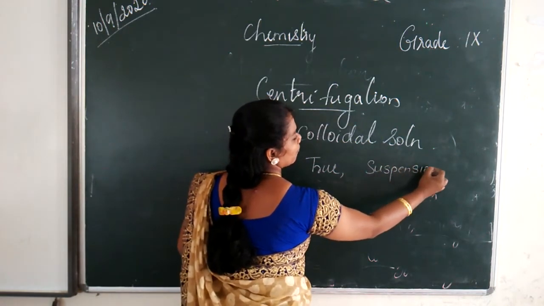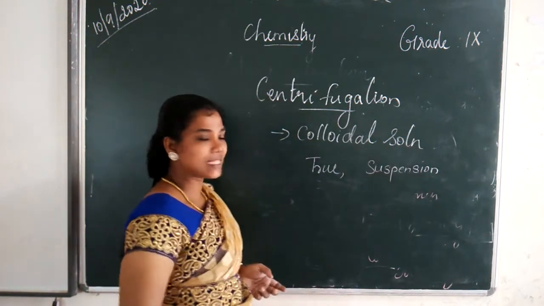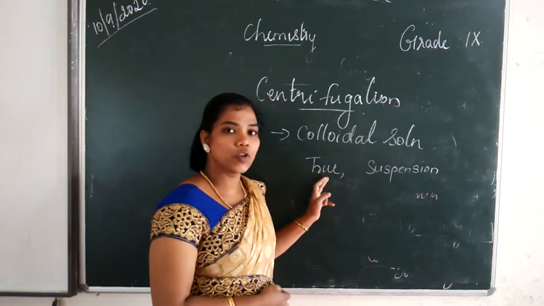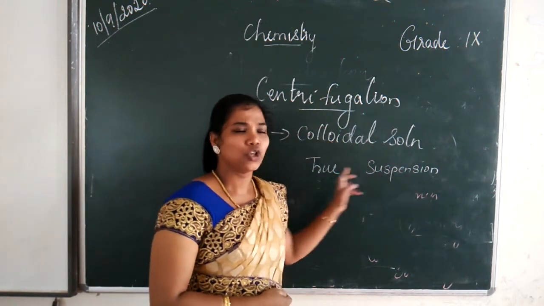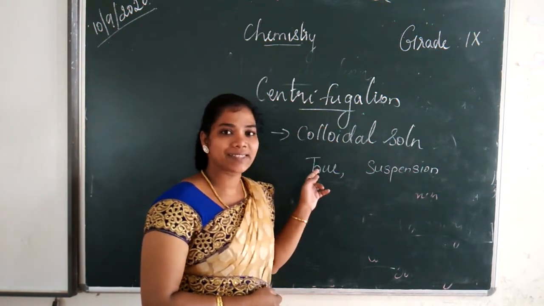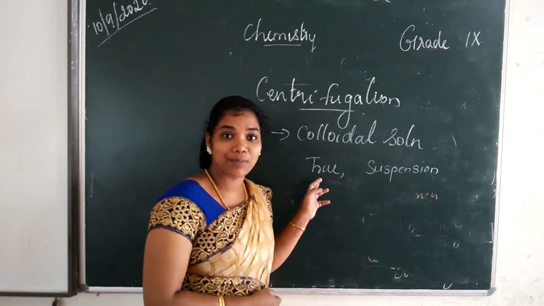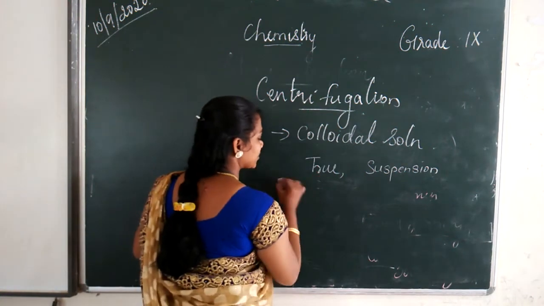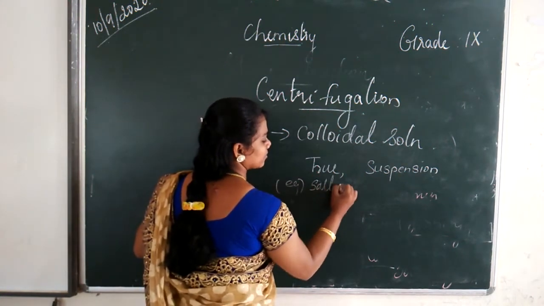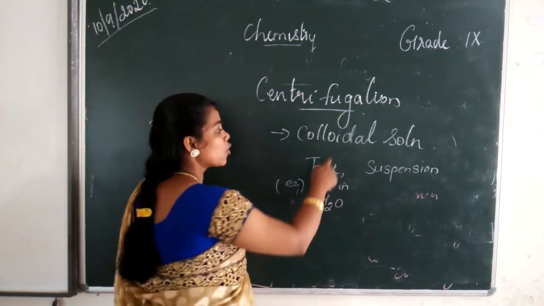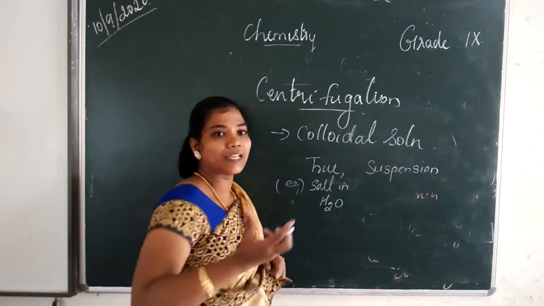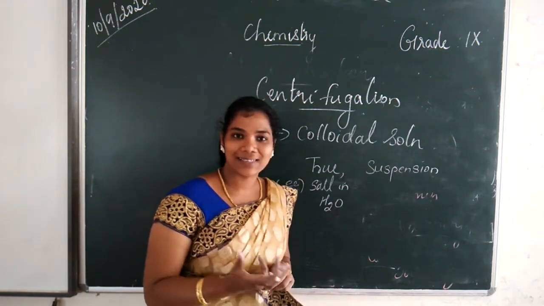So, while dissolving the components with each other, they can form a true solution, a colloidal solution, or a suspension. True solution means, for example, salt in water. Colloidal solution, see, milk in water is the best example.